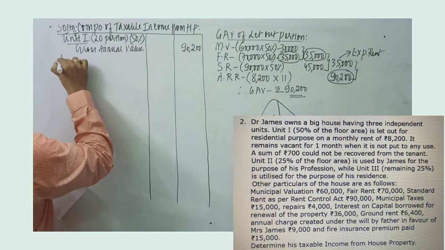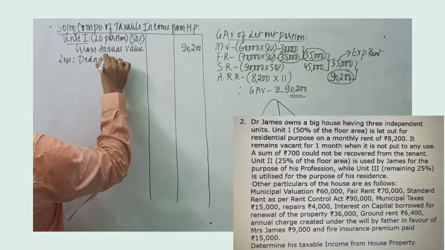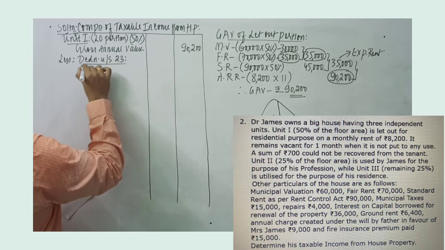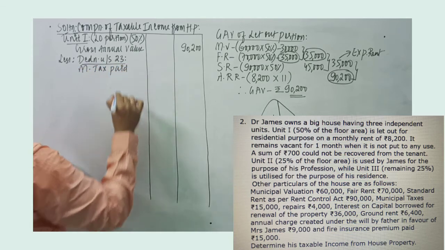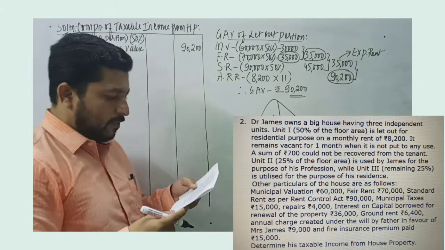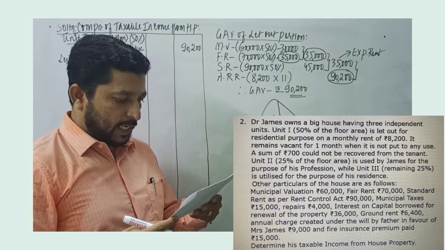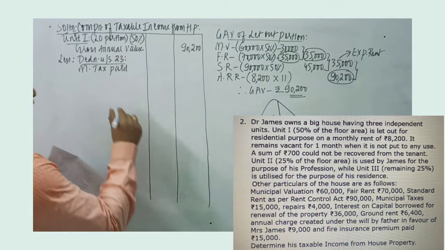Then as usual, I can claim deduction under section 23. We have municipal tax paid. Now what is given? Municipal tax paid during the year. Municipal taxes is 15,000 is given.